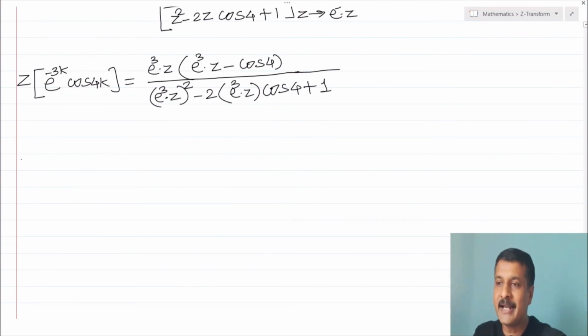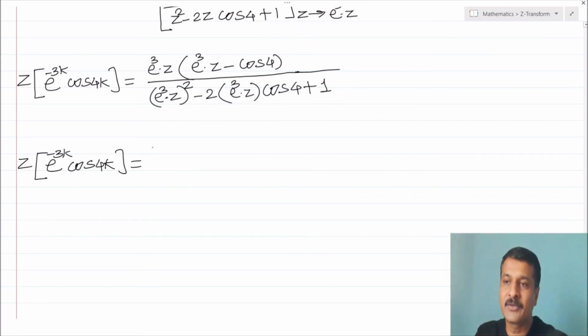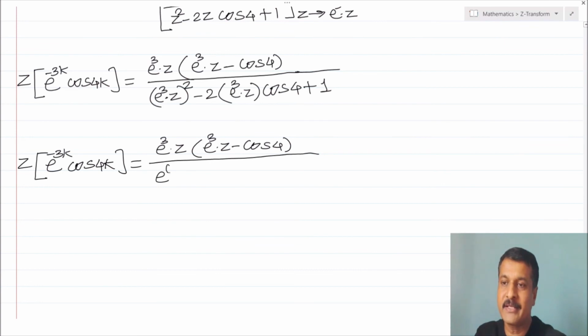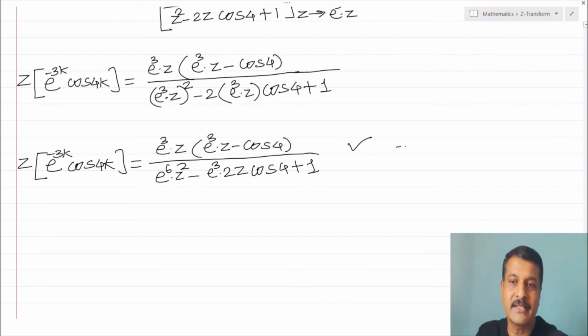Same thing I can write after simplification. z transform of e raised to minus 3k into cos 4k is equal to e raised to 3 into z into e raised to 3 into z minus cos 4 whole divided by, simplify it, I am getting e raised to 6 into z square minus e raised to 3 into 2z into cos 4 plus 1, which is your required z transform.